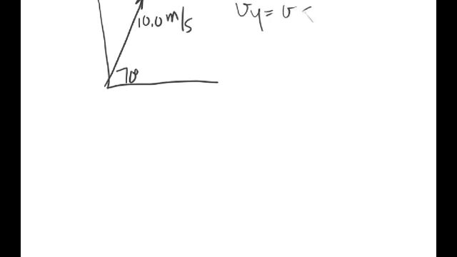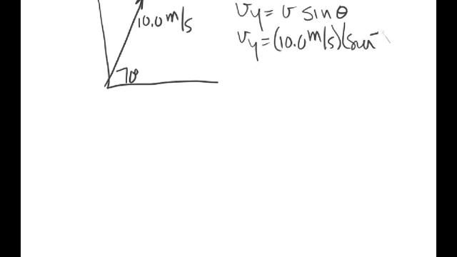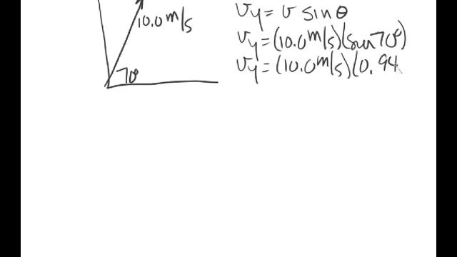Pretty simple. Over and over again. This helps us remember what we're learning. 10 meters per second times the sine of 70 degrees. V sub y, 10 meters per second times 0.94, which is the sine of 70. V sub y is just straight away 9.4 meters per second.